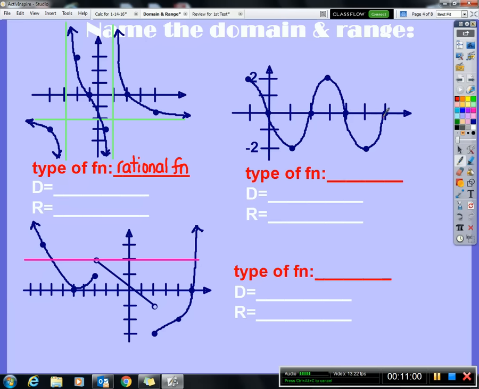For instance, I have the top of my wave 2 units high, 1 unit over and I hit the axis, 1 unit down and I hit the min, 1 unit over and I hit the axis, 1 unit over and I hit the max, 1 unit over and I hit the axis. Each wave is 2 tick marks wide, and each wave is either 2 tick marks high or 2 tick marks low. When you have a function that's repetitive that way, with a uniform pattern that you can follow, that's a type of trig function.